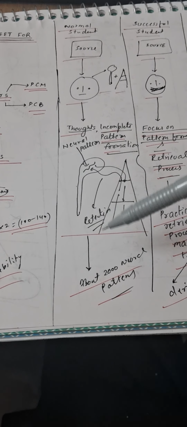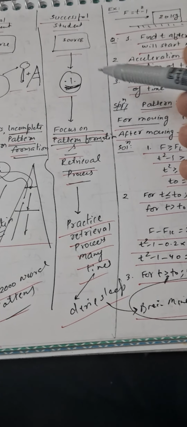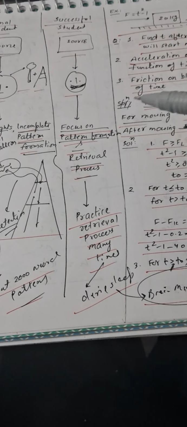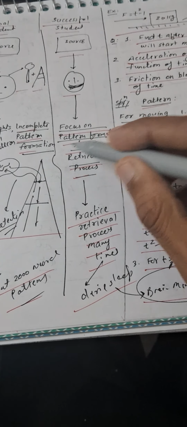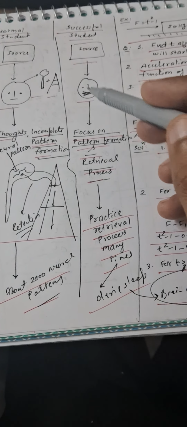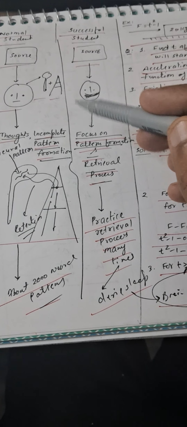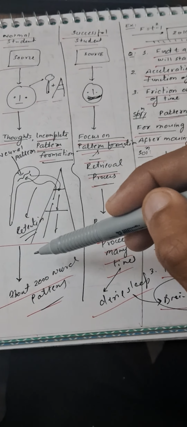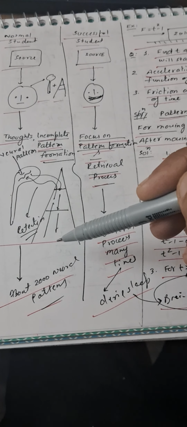Now let's study another perspective of a successful student. So the source is the same for this student also, but this student focuses on pattern formation and retrieval process. So suppose the student studies for 10 minutes. So out of those 10 minutes, he will use about 3 minutes to check his retention process.